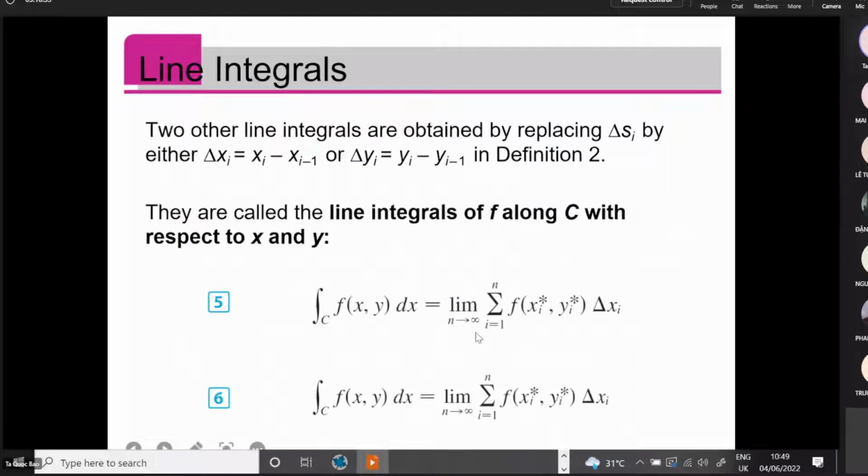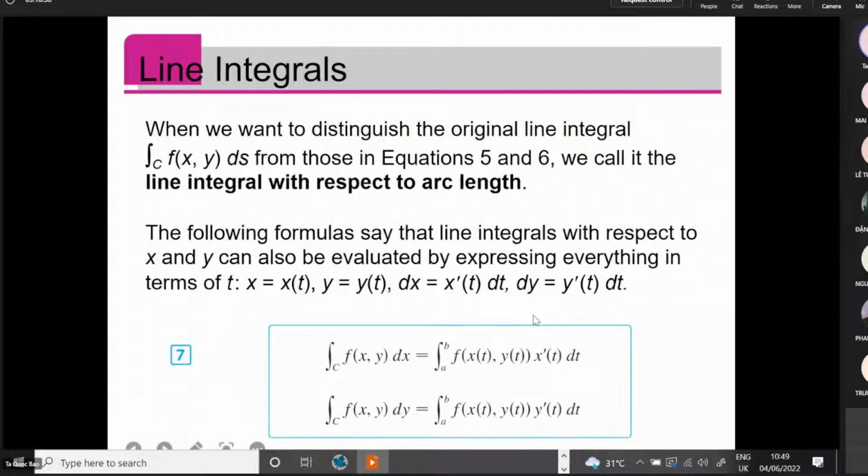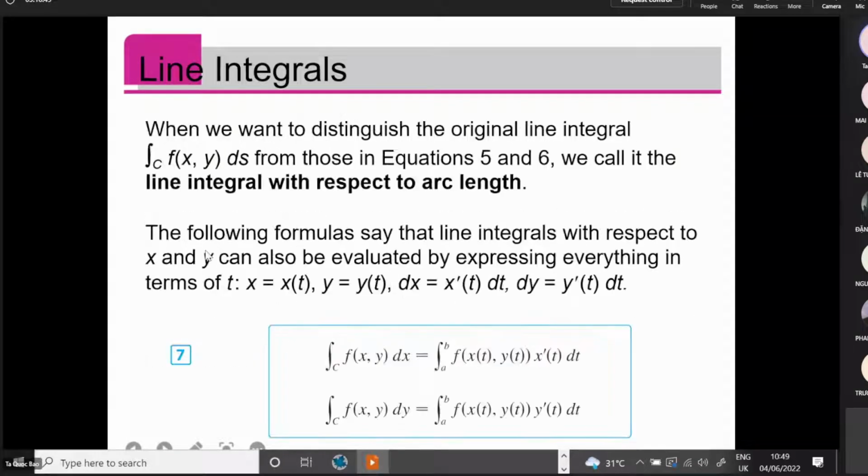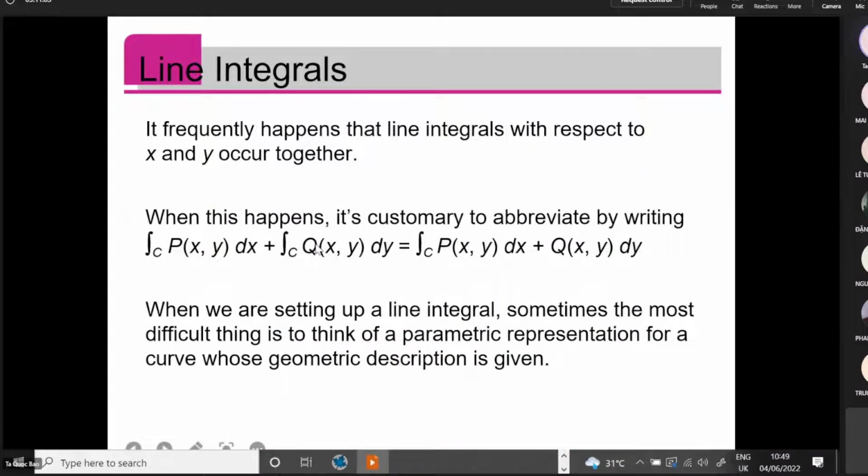Therefore this integration now becomes this: f(x(t), y(t)) x'(t) dt, and similarly with respect to y.